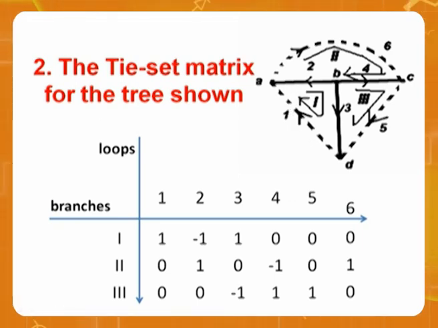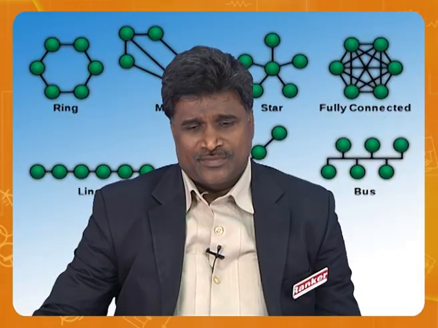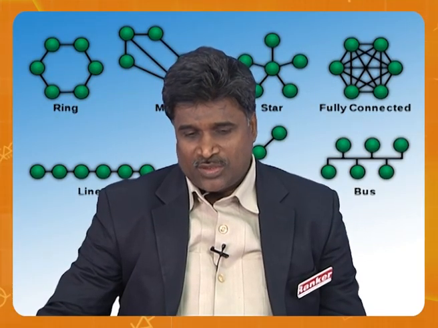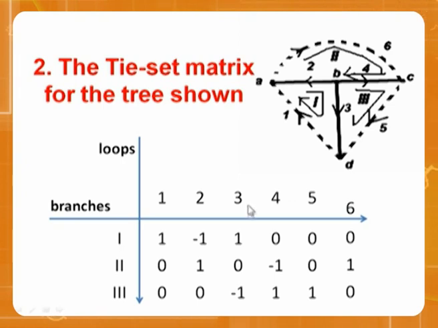Look at this: 1, same direction, +1. 2, opposing, -1. 3, same, +1. Observe here: 1, -1, 1. So 4, 5, 6 are nowhere part of this loop. So please observe how I am entering this loop.